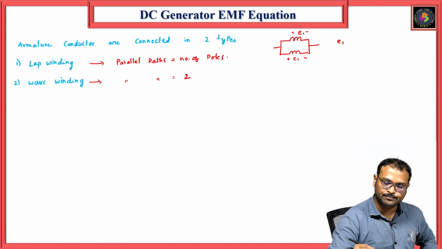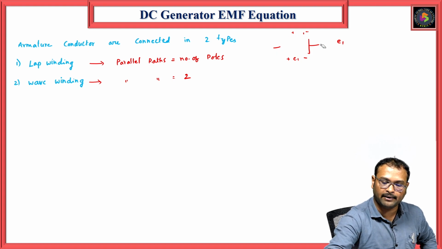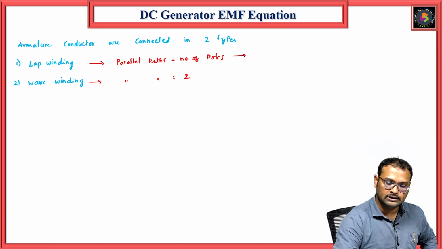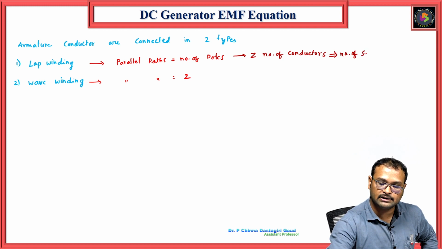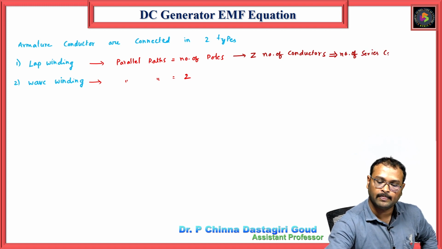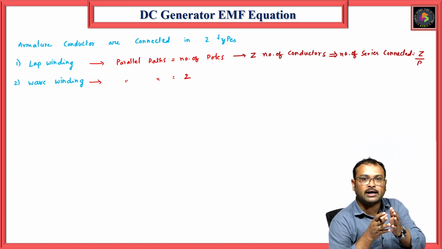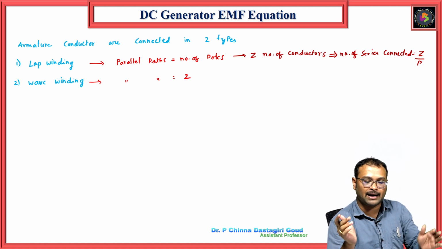So in lap winding, Z number of conductors are available, so the number of series connected conductors is equal to Z by P. Why? Because all Z conductors have to be divided between the P number of parallel paths.